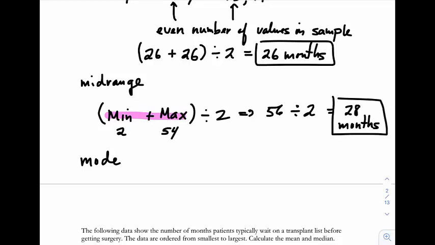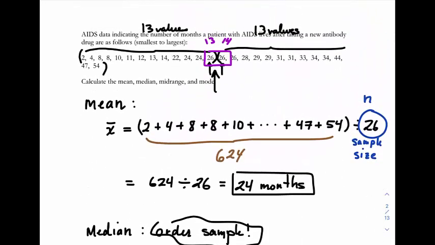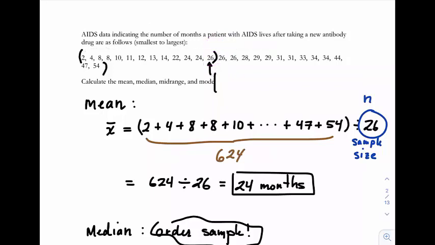And the last one here is the mode. The mode is the value that repeats the most. It's the value in the set that repeats the most. Let's go back to that list and look very carefully at which number in this list repeats the most.